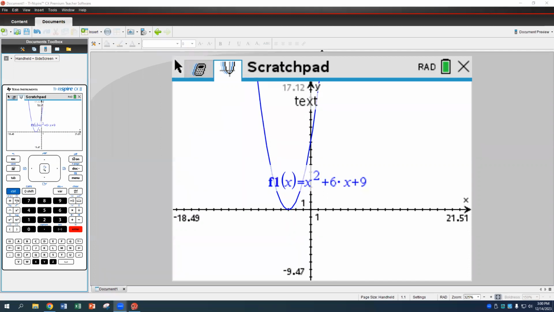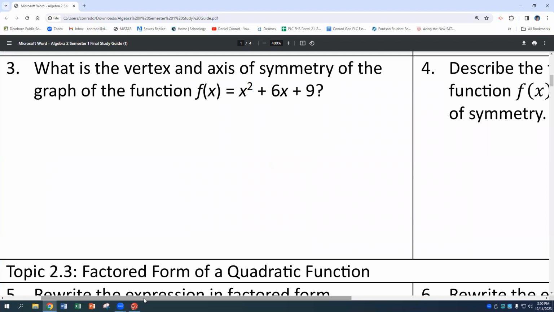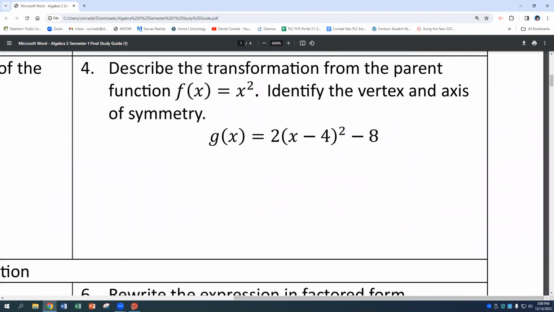All right, let's go to number 4. Describe the transformation of the parent function f of x equals x squared. So we have a vertical stretch of 2. We are moving right 4, because remember, it's x minus h.